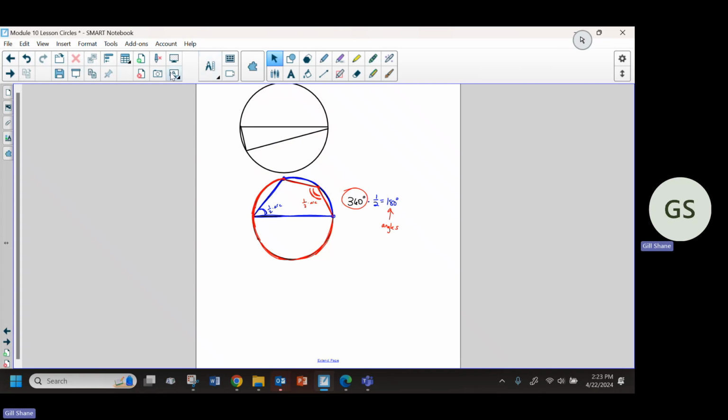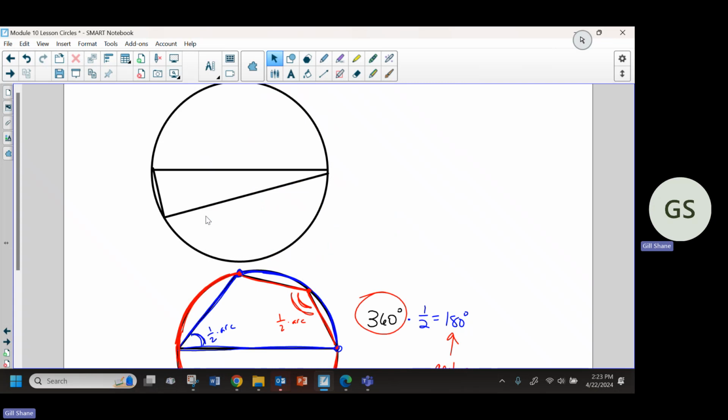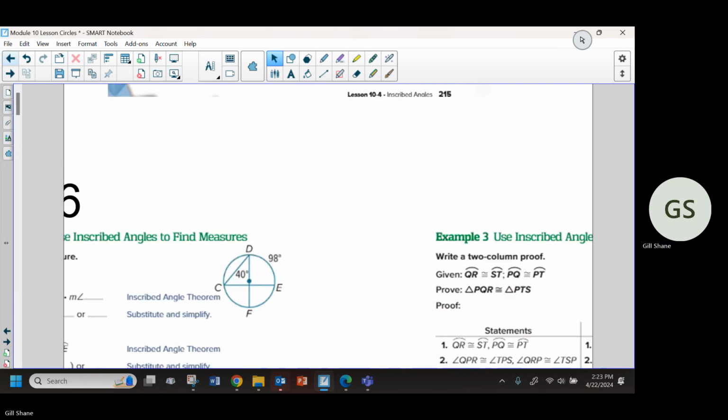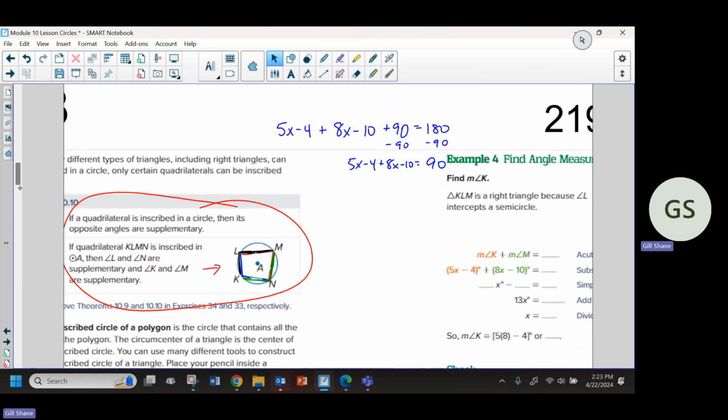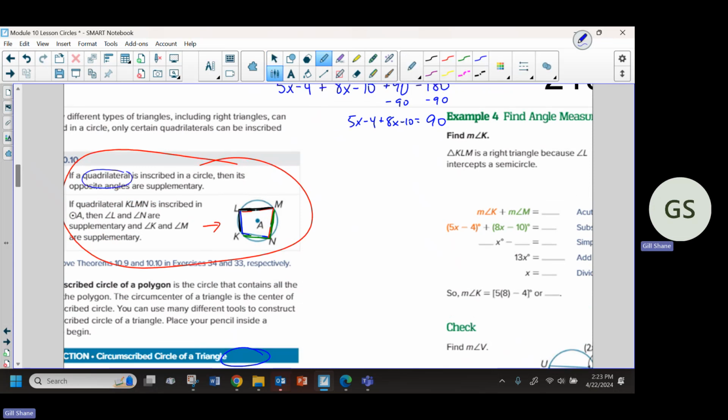There. All right. It was just showing me the top part of the page. So the theorem that we went over said, opposite angles of a quadrilateral, so that's the key, that is inscribed, so the quadrilateral is in the circle.